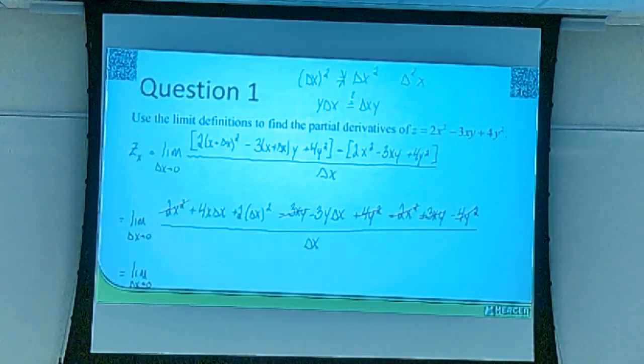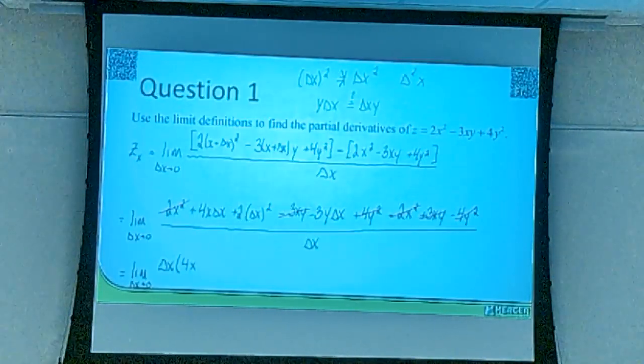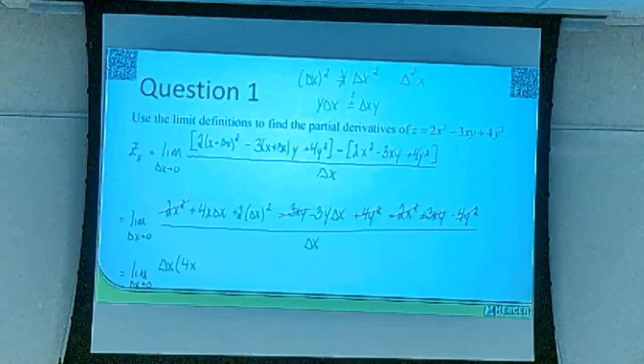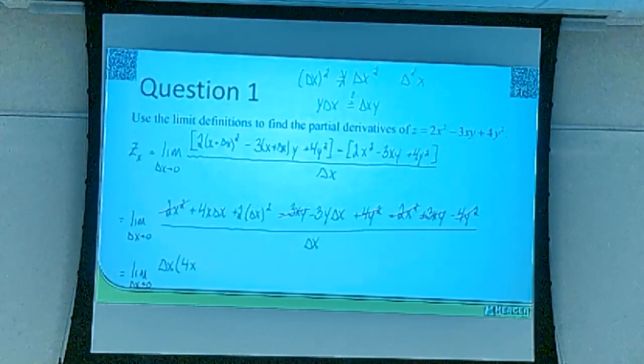Could you just look at it and note which terms cancel? You have to be careful. Yes, in general you can, but still write it all out. I'm also factoring out a delta x.